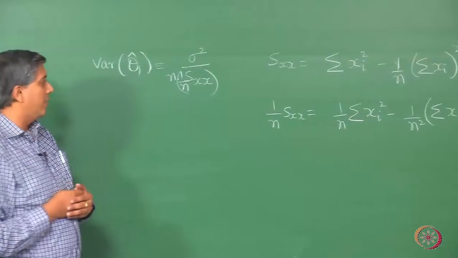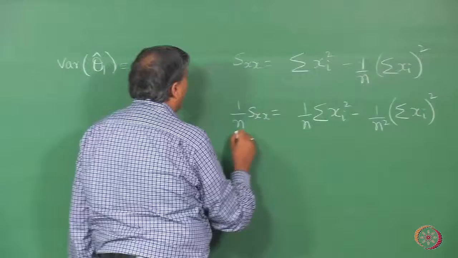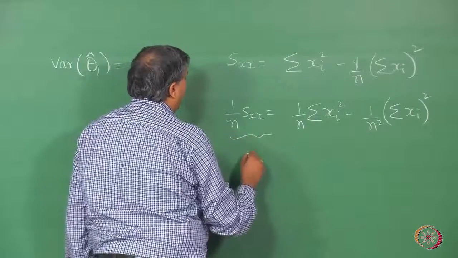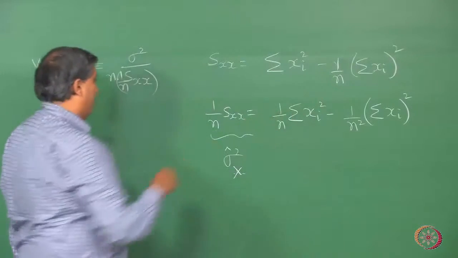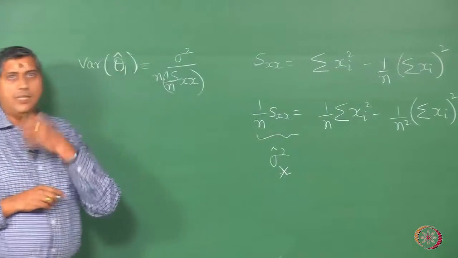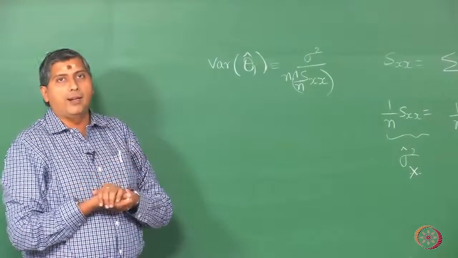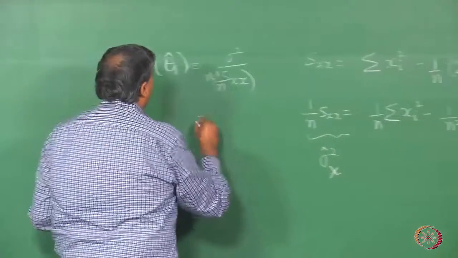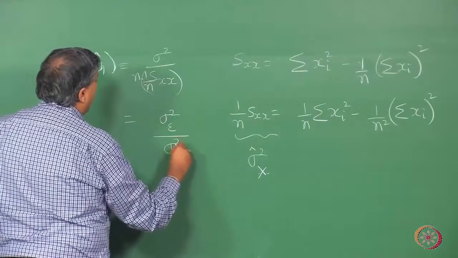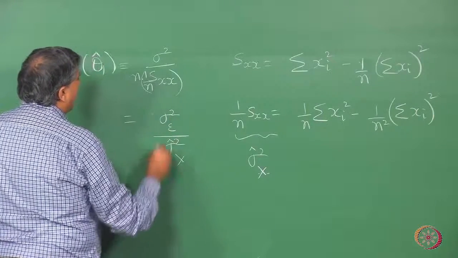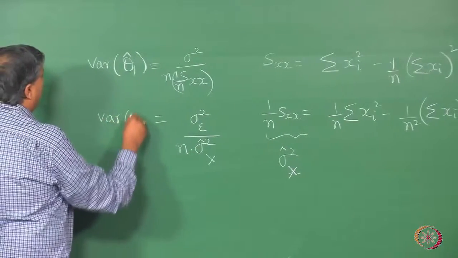We have been saying x is deterministic, but suppose you think of x as random just for the sake of discussion, you can call this an estimate of the variance of x using 1 over n as a factor. In that case, I can write this as sigma square epsilon over n sigma square x. So, this is the variance of theta 1 hat.